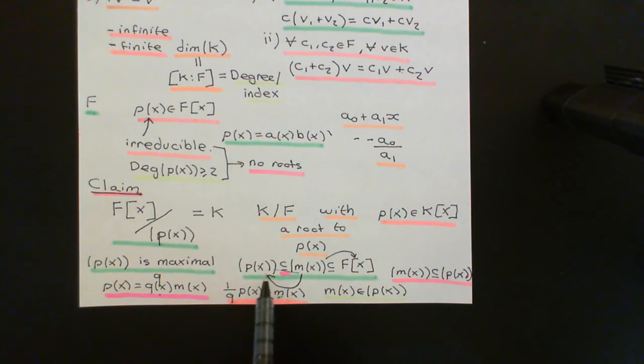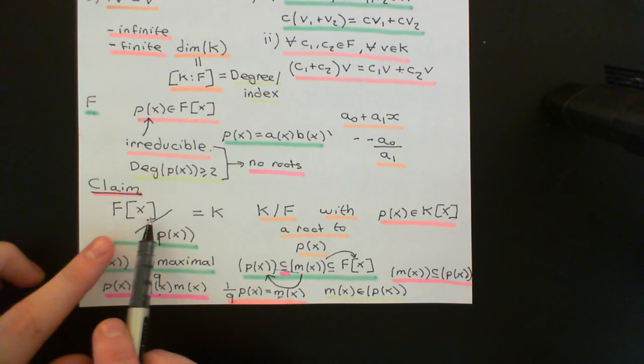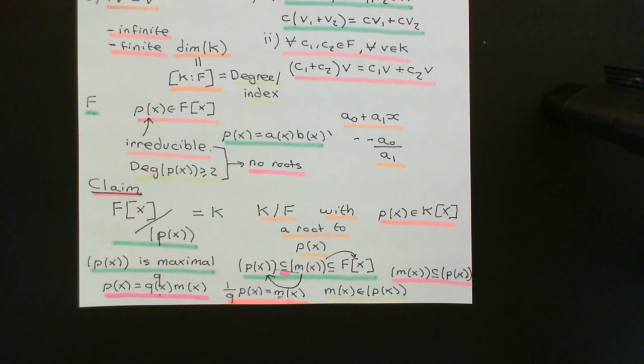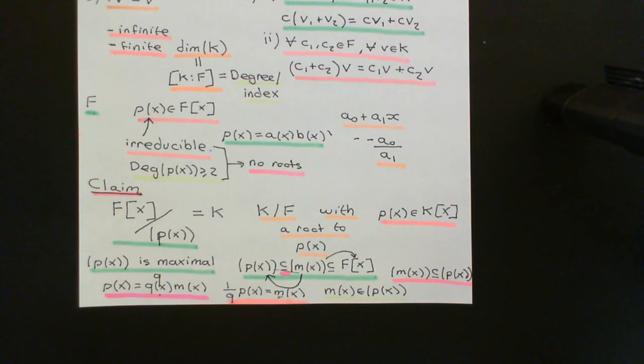So the fact that this is an irreducible element and the fact that we're working in a principal ideal domain shows us that the principal ideal generated by this polynomial p of x is maximal. Hence, when we quotient out our ring of polynomials F adjoin x here by the principal ideal generated by p of x, we are going to get a field, and we're calling that field capital K. Excellent, we've done this quotienting out, we get a field capital K.